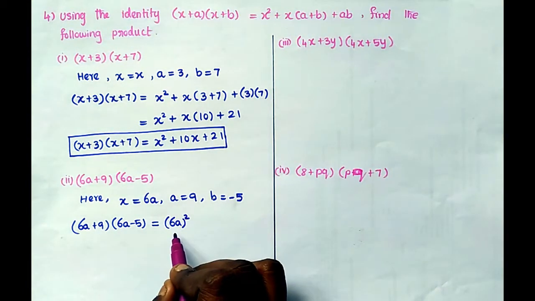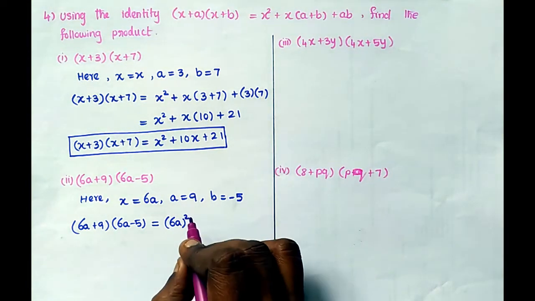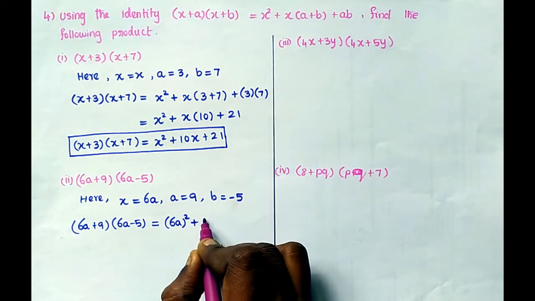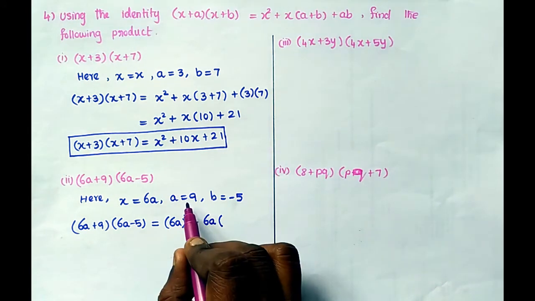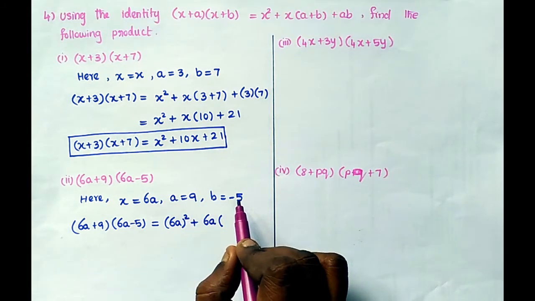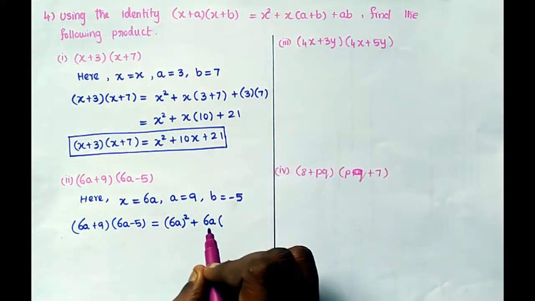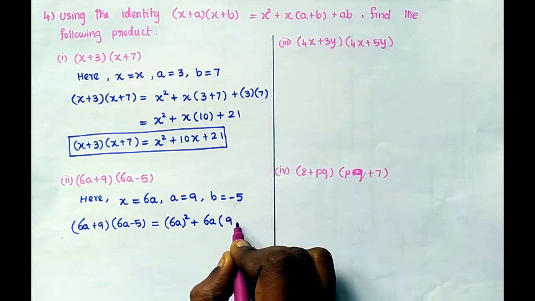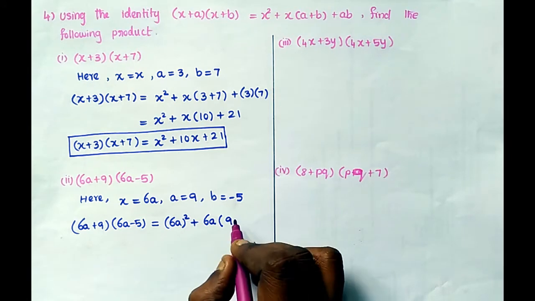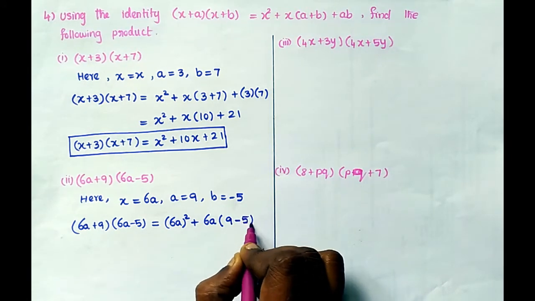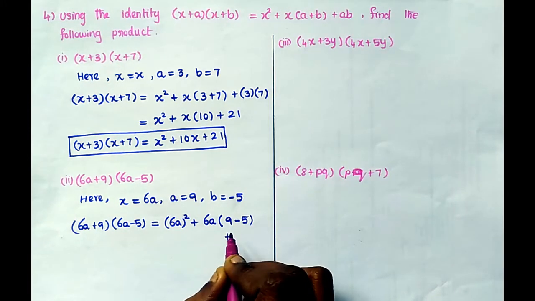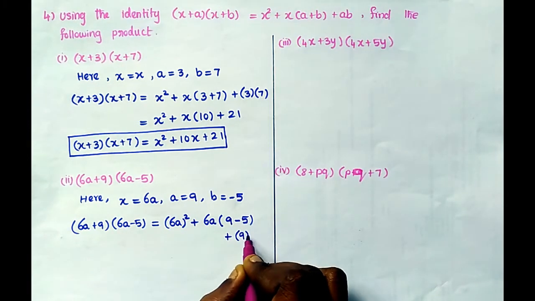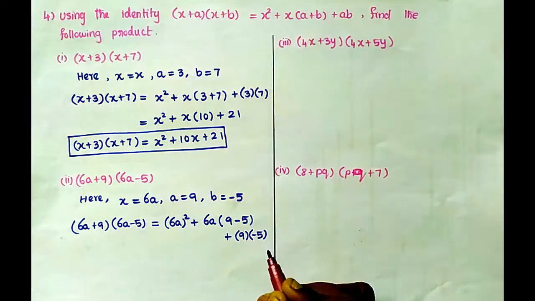Here x equal to 6a, so 6a squared plus x into, that is 6a into, listen, 9 minus 5, a plus b, here 9 plus minus 5, so we get minus 5 plus ab, 9 into minus 5.